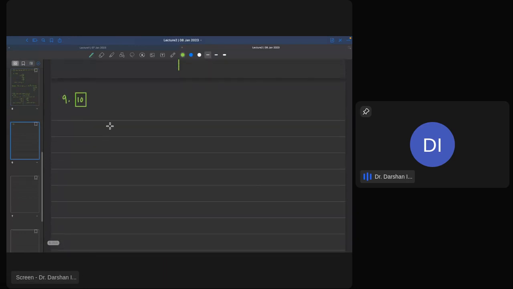Then 10 is very simple. If a number ends with 0, it is divisible by 10. 0, 10, 20, any number.